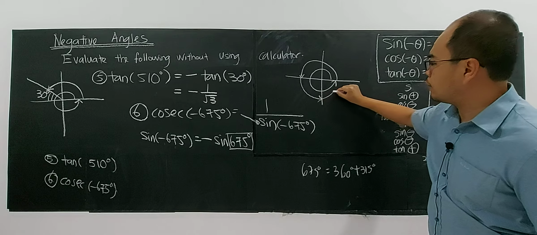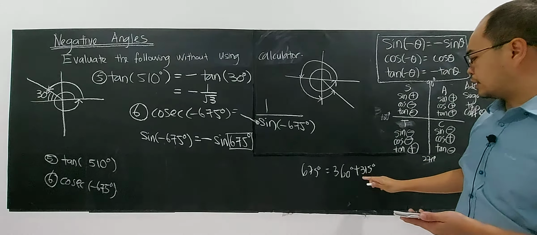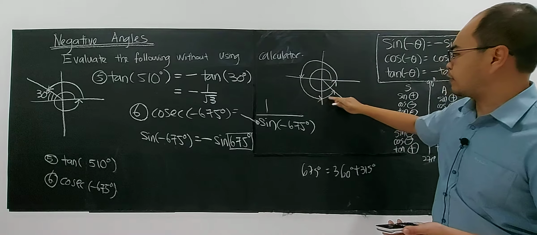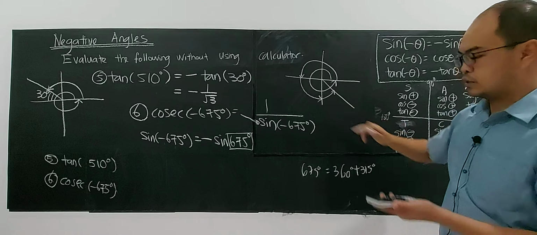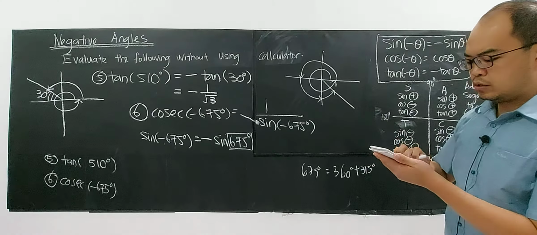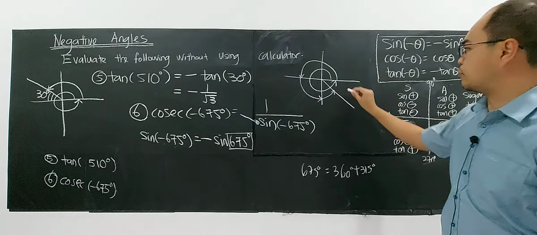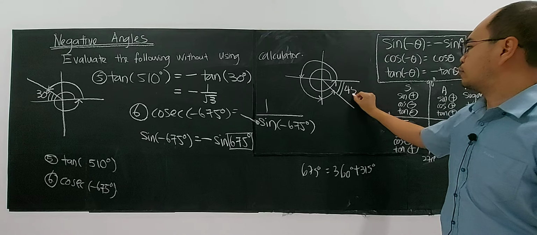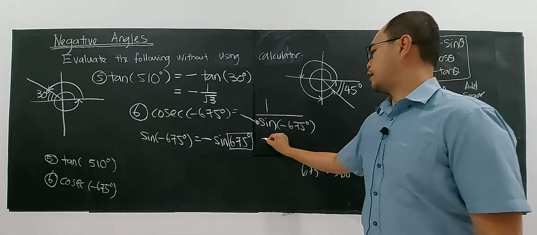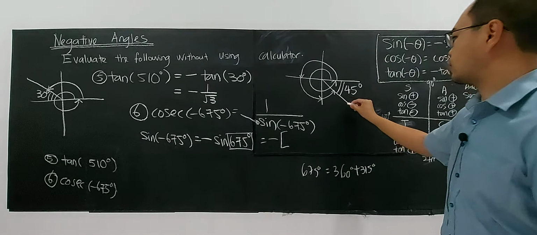And I want to know how many more. You know that 315 is already over 270. You take 360, one cycle, minus 315, and you have 45 degrees. Now be careful: this is the fourth quadrant.